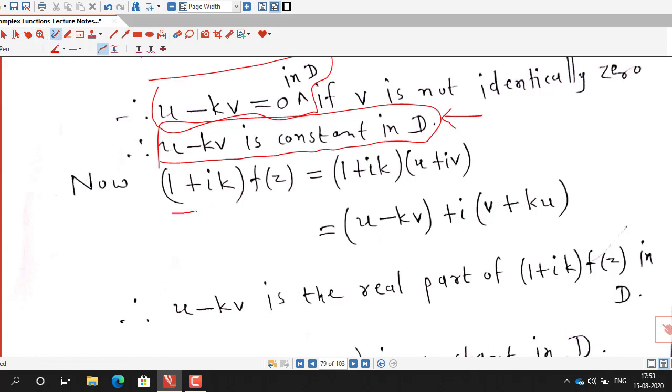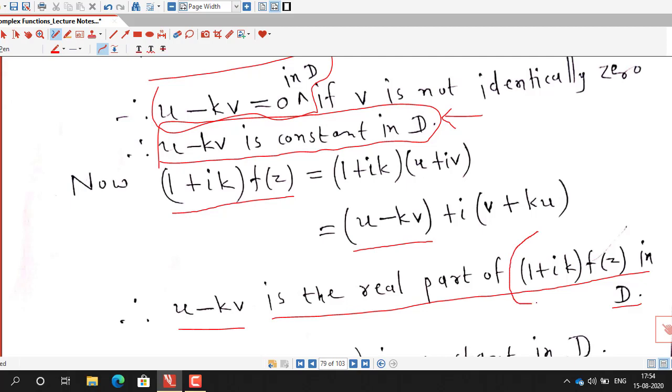So you can see, if I consider this function 1 plus ik into f of z, then the real part of that function is nothing but u minus kv. So from this I can write that u minus kv is the real part of the function 1 plus ik into f of z in a domain D, where k is constant cot c, and it is given that f of z is analytic in a domain D. We are given that the function f of z is analytic in a domain D, and 1 plus ik is constant because k is constant.